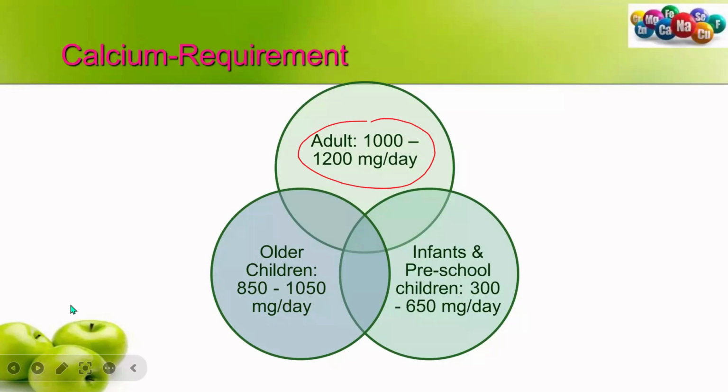But in infants and preschool children, they need 300 to 650 milligrams per day. So you need to understand these are the appropriate amounts of calcium. If you get a lower amount, that will be a problem.